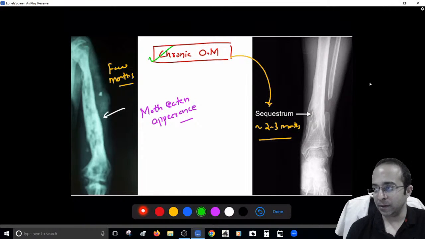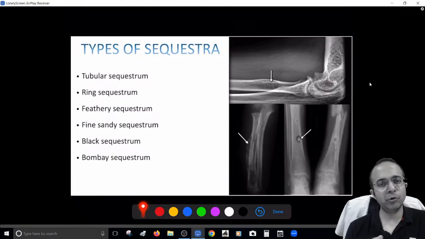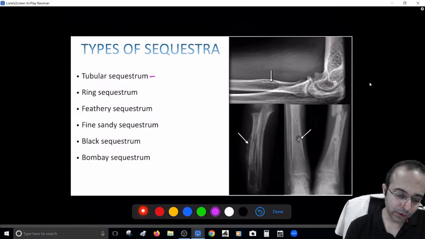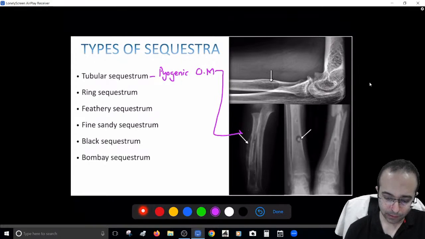Okay, fine, perfect enough. Now guys, not uncommon for an examiner is to ask you about different types of sequestra. A tubular sequestrum is what you would see routinely in cases of pyogenic osteomyelitis. Like see, this is a tubular sequestrum here.